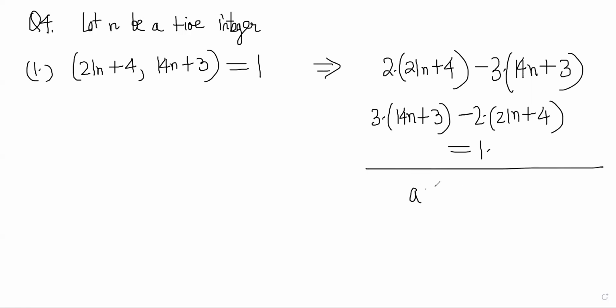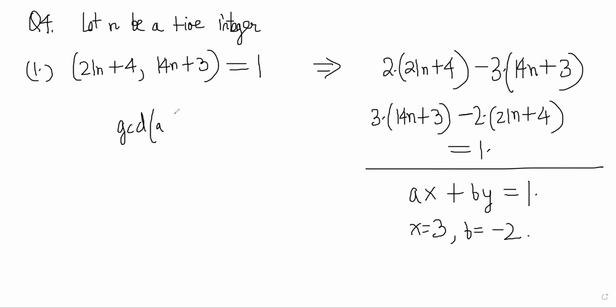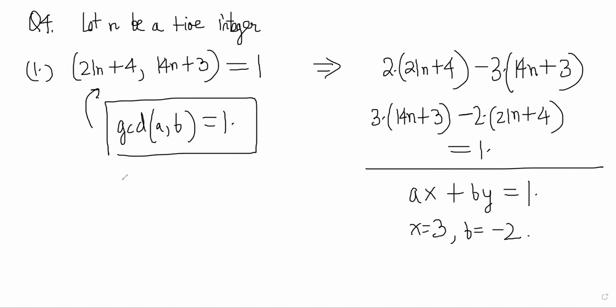So we have established ax plus by equal to 1, where x is 3 and y is minus 2, a is 14n plus 3 and b is 21n plus 4. So that means that the GCD of a and b is equal to 1, which is what we wanted to show. So that was the simple first part. Let's look at the next part.